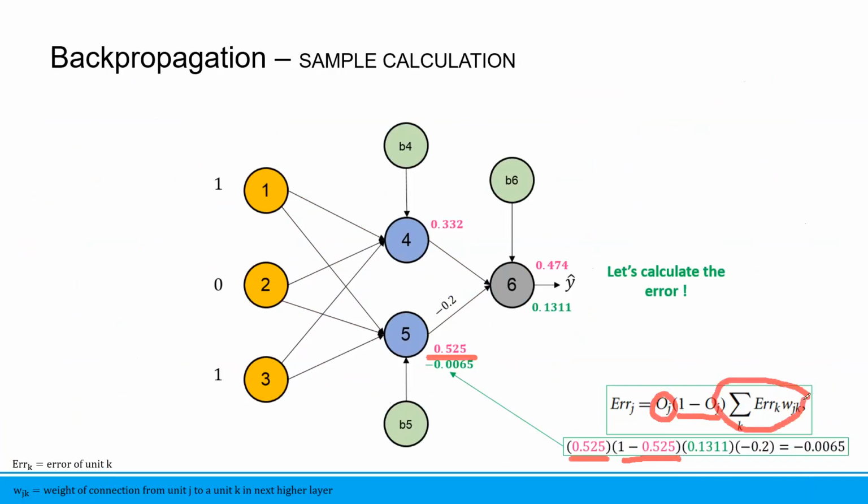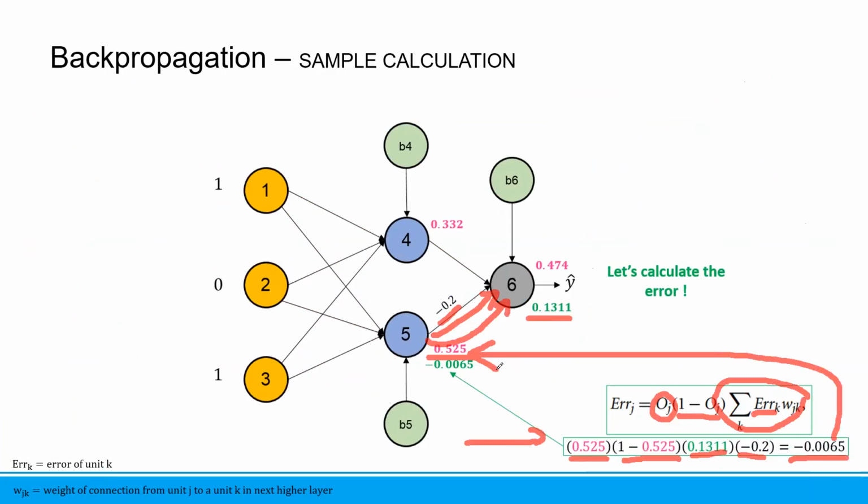This is unit 6, so we multiply by the error of k, which is 0.1311, multiplied by minus 0.2, which is the weight from j to k. Using this formula, we get an error of minus 0.0065, and we put this as the error in this unit.